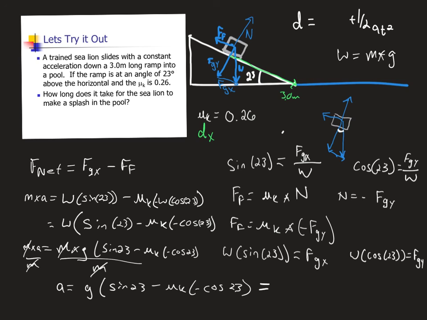We can set everything to a and then solve for t right off the bat, or we can do the long equation here, where a is equal to gravity, which would be 9.81, times the sine of 23 minus mu sub k, which is 0.26, times a negative cosine 23.